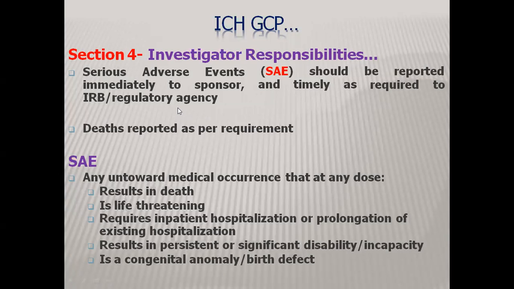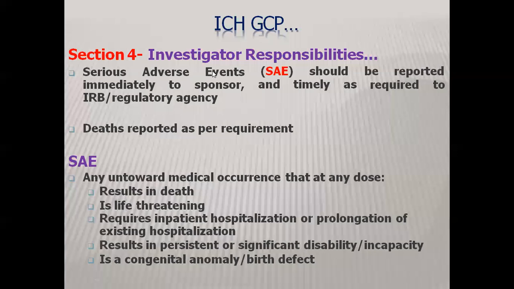When a sponsor has a multi-center trial, and in one of the centers the principal investigator reports to the sponsor that at my site I have a serious adverse event, then it becomes the responsibility of the sponsor to tell the other sites' principal investigators that at this particular site we have got a serious adverse event, and then accordingly you will proceed with the trial.